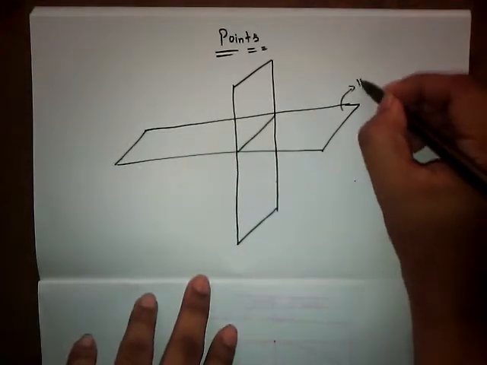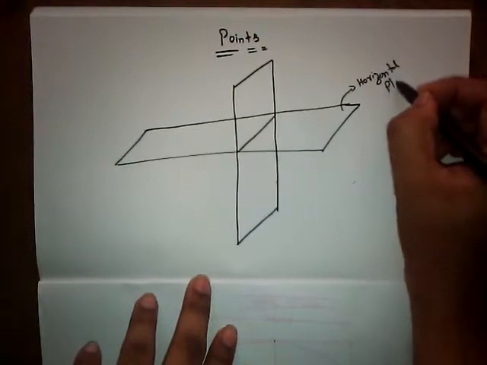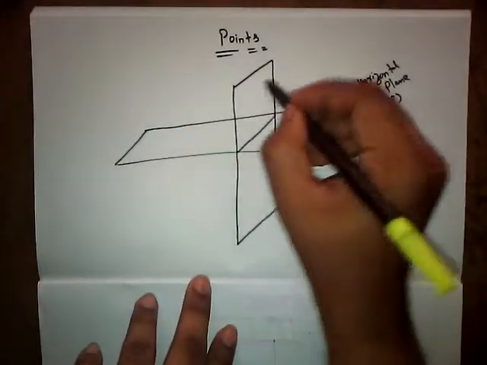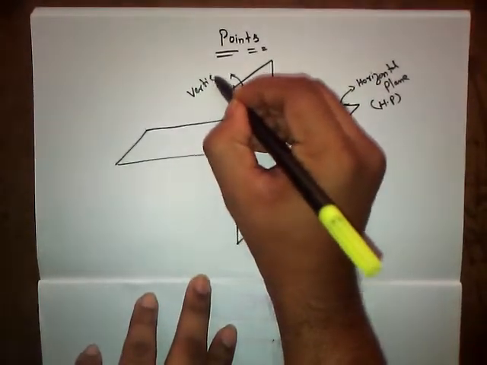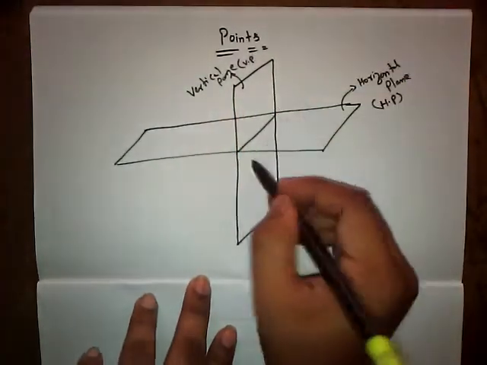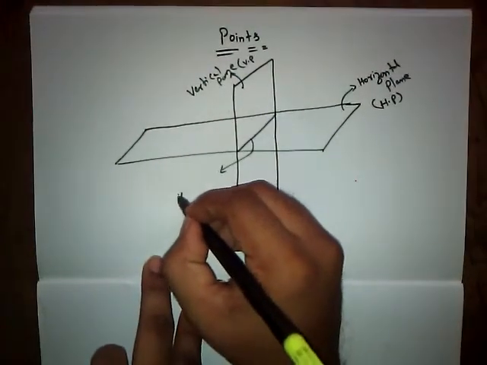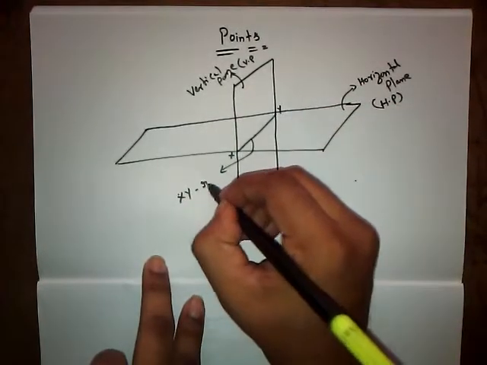So this is the horizontal plane, which is known as HP, and this is our vertical plane, known as VP, and this is known as the XY reference line.